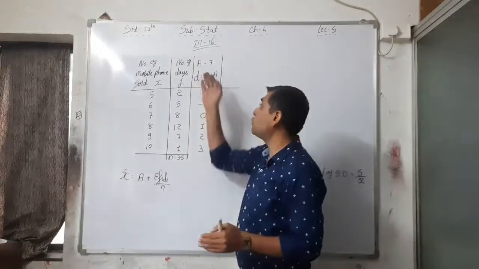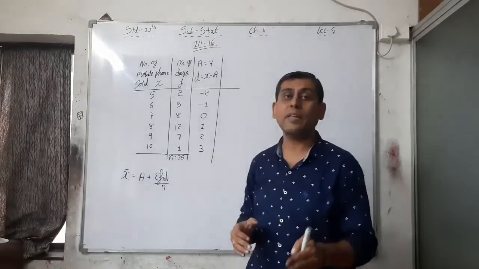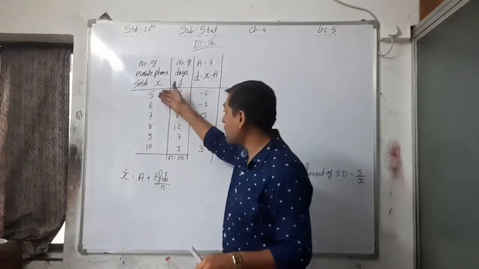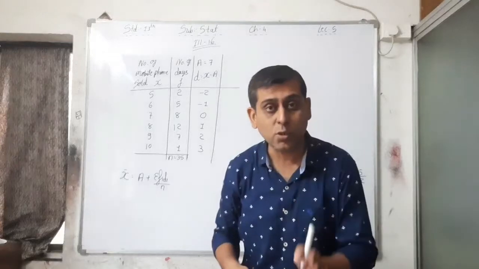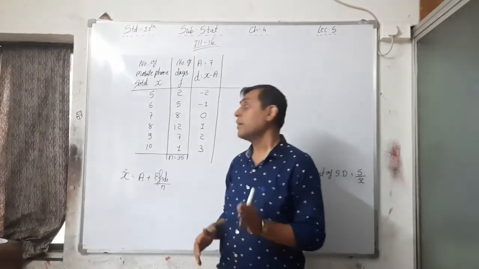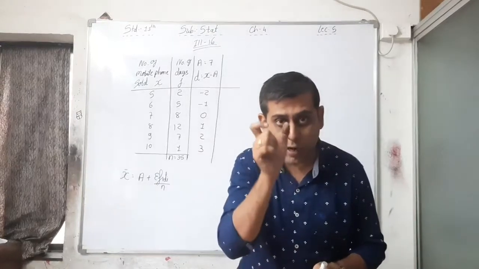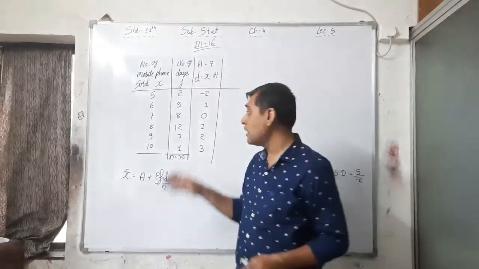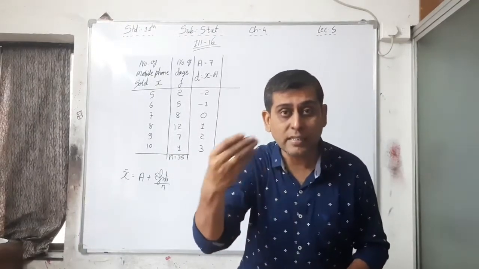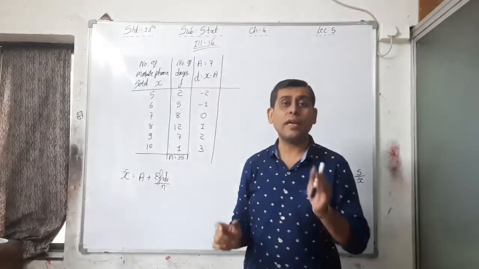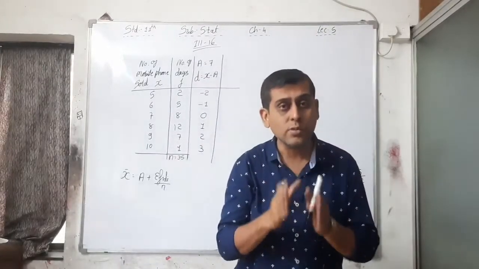Okay, that is called assume mean, that is A. But the method I am preparing is that highest plus lowest, that is 5 plus 10, that is 15, divided by 2, that is the average of highest plus lowest, 7.5, and nearest from that, that is 7 or 8, is your assume mean. Here I am taking A is equal to 7.